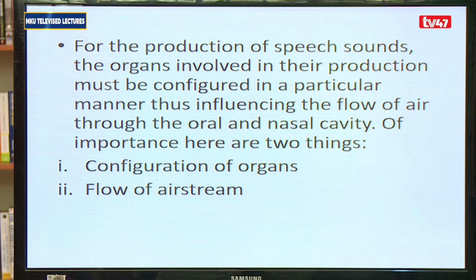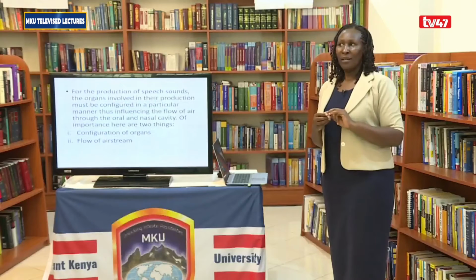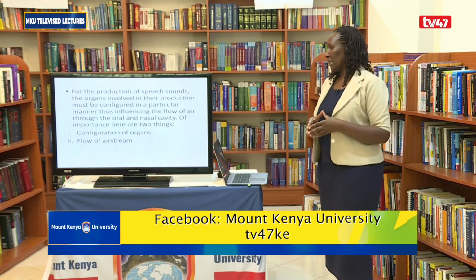So two things are important here. First, the configuration of organs: when we are articulating these sounds, the organs involved must be configured and positioned in a particular way, such that when you are saying one sound and then another sound that makes use of different organs, those organs are positioned in a particular way.